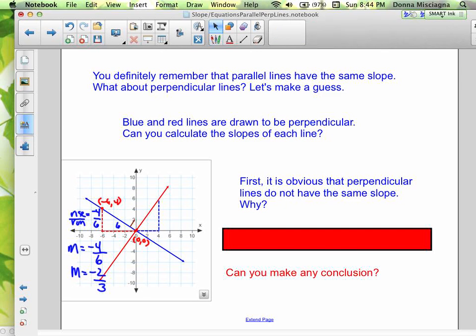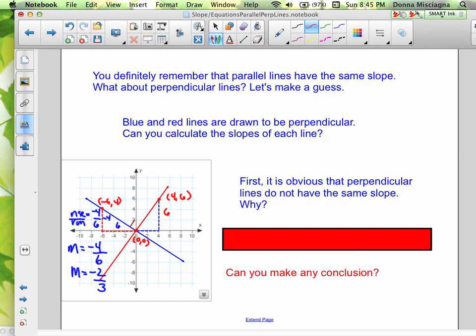Let's calculate the slope of the red line, excuse me. So 0, 0, and we also have a point over here, and that point is 4, 6. So our rise goes from 0 to 6. Let me put the rise in next to the line there. Our rise is going up left to right, so that's +6.